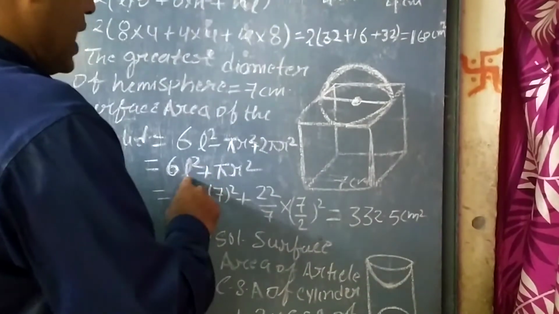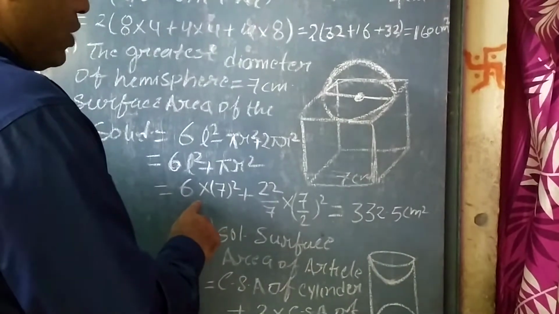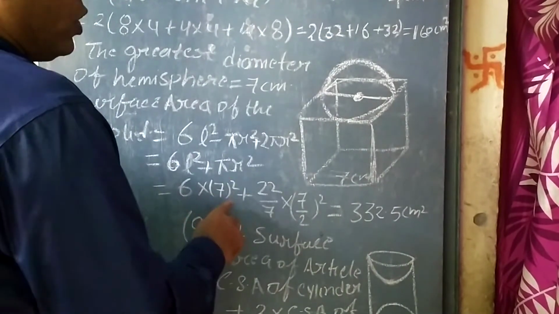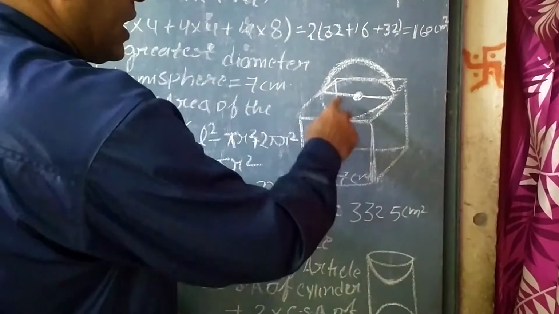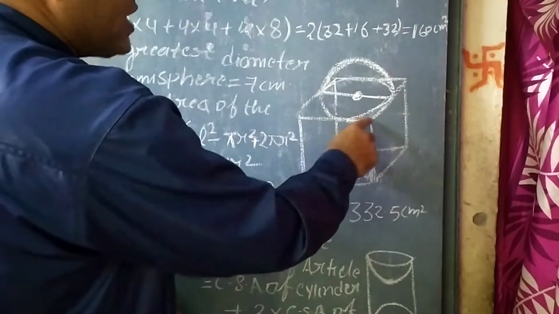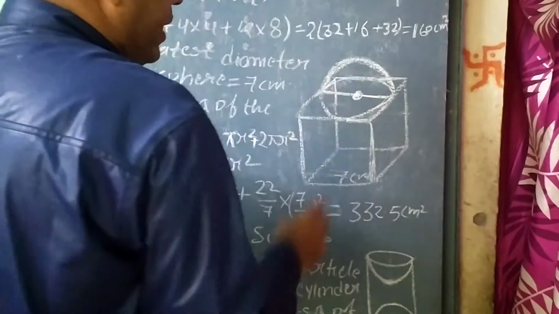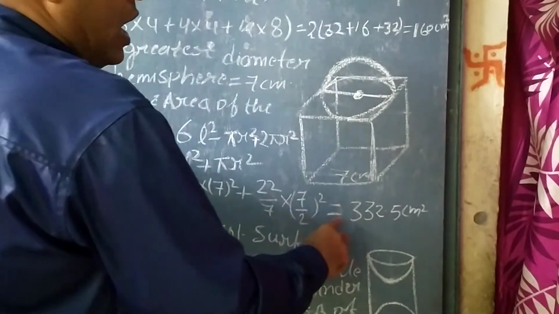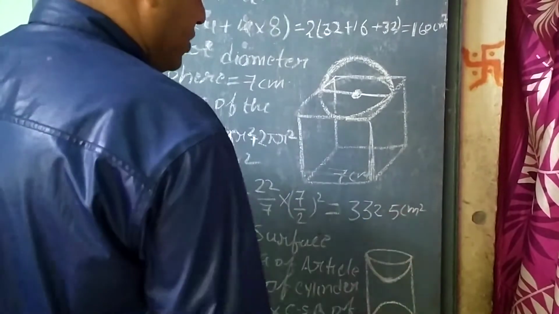After putting the values, 6 into 7 whole square plus 22 by 7 into (7 by 2) whole square, as the diameter is 7 centimeter, so the radius will be 7 by 2 centimeter. That gives the answer 332.5 centimeter square.